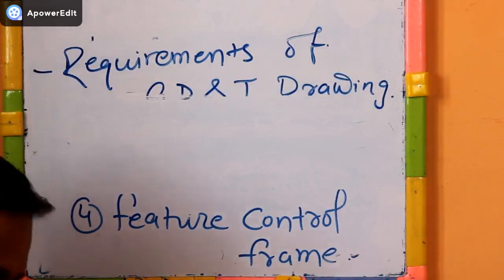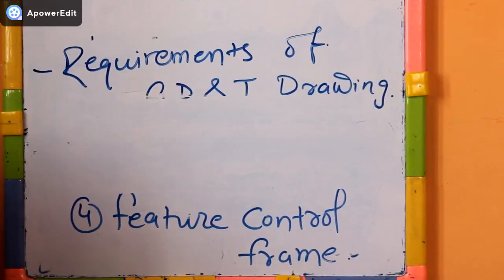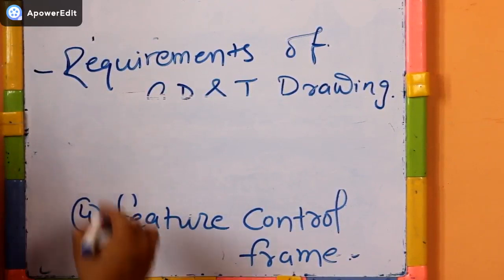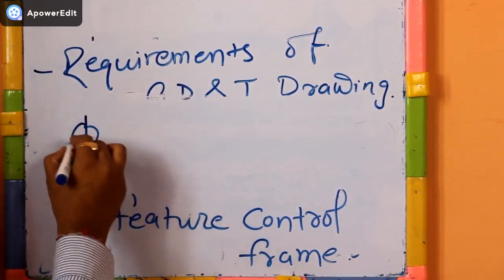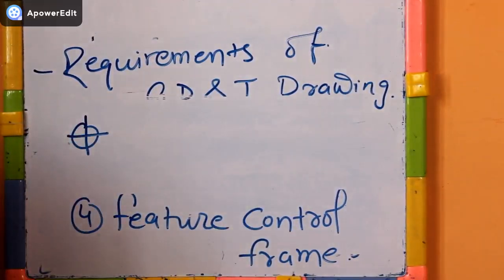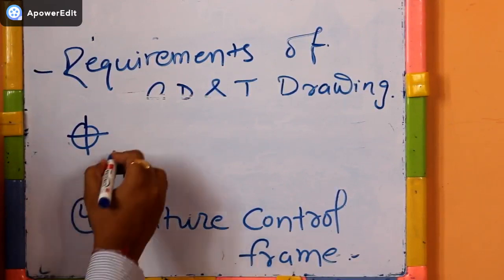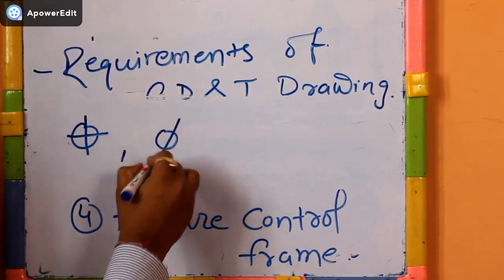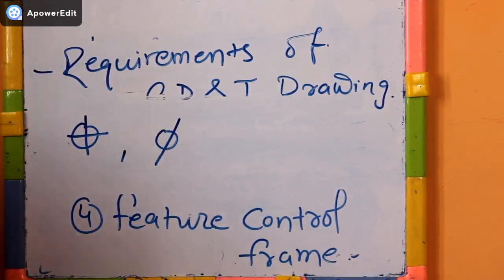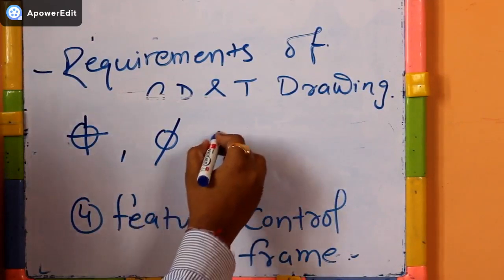It includes the geometric characteristic symbol, here in our case, this one. Then the tolerance zone descriptor, which means the diameter of the hole. The third one is tolerance of location.